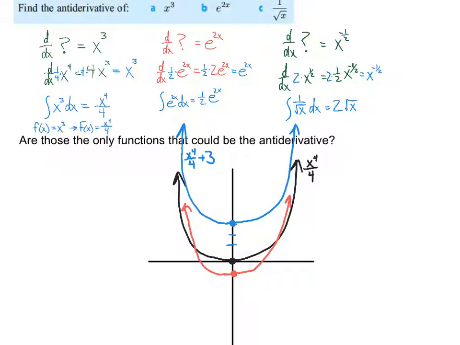Try to draw this decently. Here's x to the 4th over 4 minus 1. All of these, the derivative is x cubed.